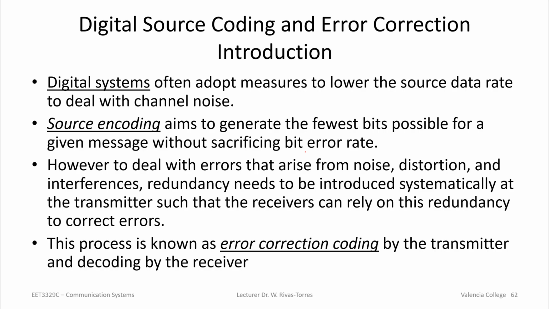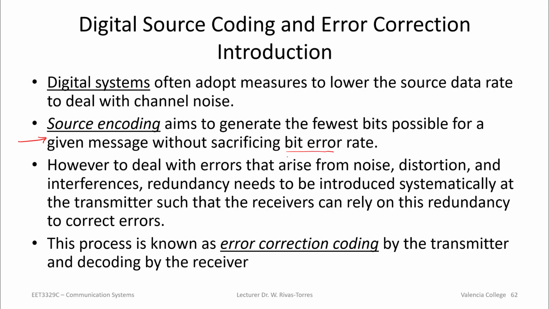That is the function of source encoding. It aims to generate the fewest bits possible without sacrificing bit errors. You don't want bits to be in error. If it was a 1, all of a sudden you receive a 0, or if it was supposed to be a 0, you receive a 1. You don't want to create errors, but that's what this encoding does.